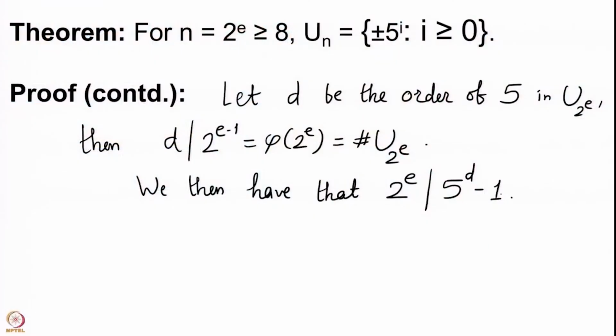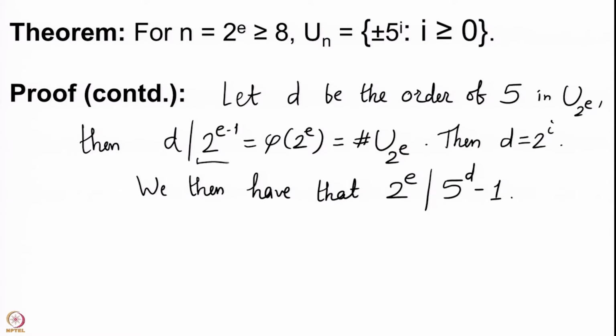So, 5 power d is 1 in our group U 2 power e, which means that in the residue class language the element 2 power e divides the difference of these two natural numbers 5 power d and 1. Now, we have already deduced something about powers of 2 being divisors of powers of 5 minus 1. So, when you have 2 power e dividing 5 power d minus 1, we of course observe that this d has to be a power of 2.